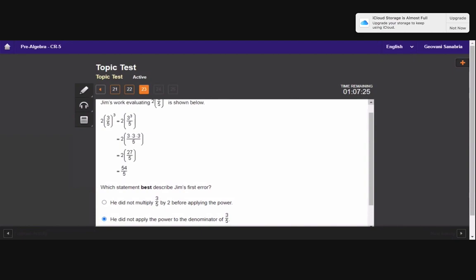It should have been for both of them. He just put it to the 3 on the top, so it's 333. It should have been 333 on the top and 555 on the bottom, because the original parentheses were around both the numerator 3 and the denominator 5.